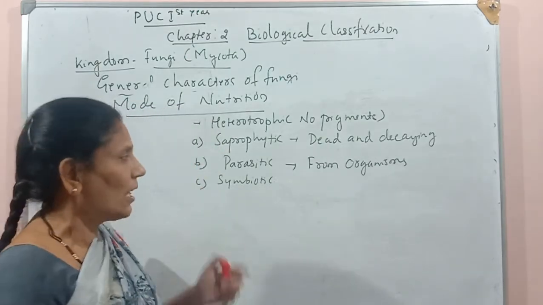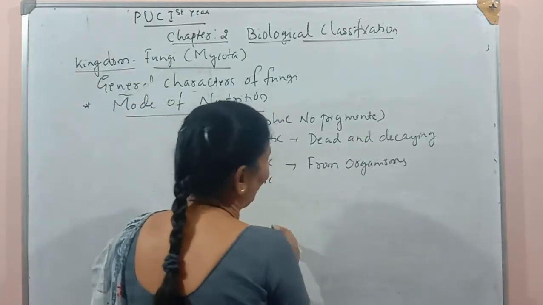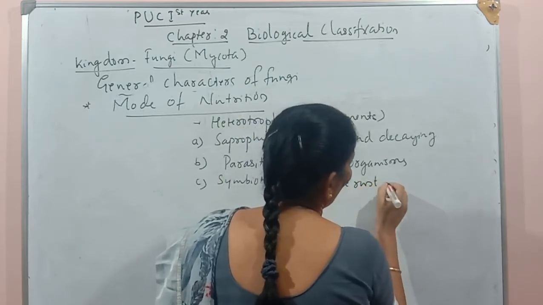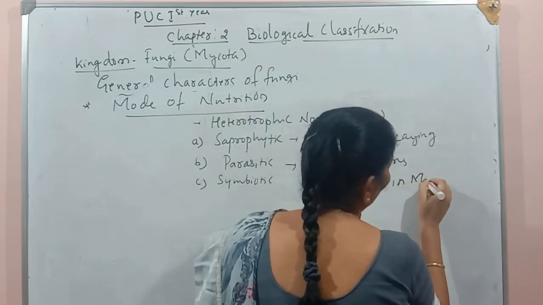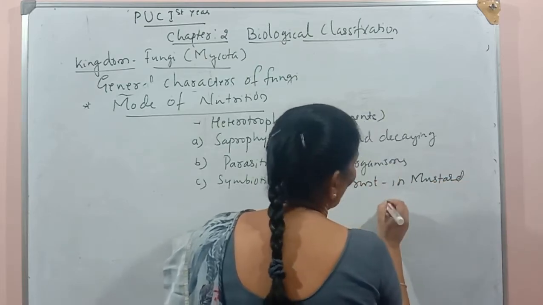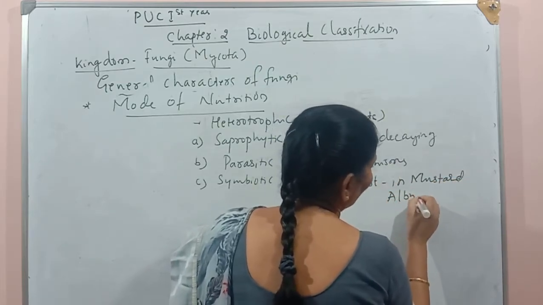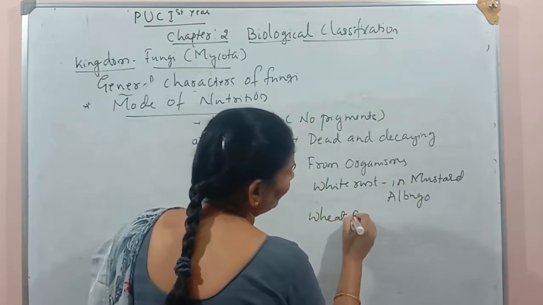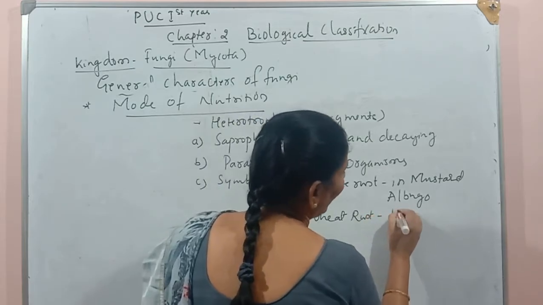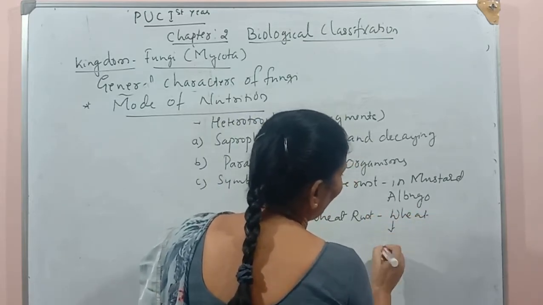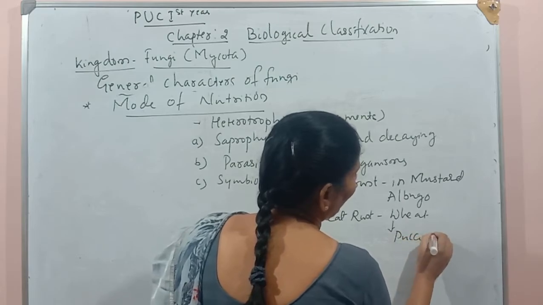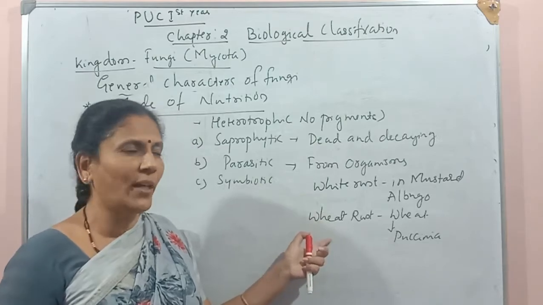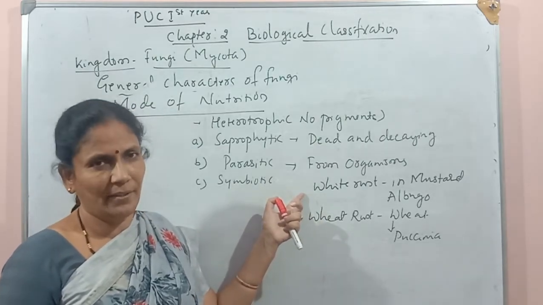Some examples of pathogenic fungi are white rust in mustard caused by the fungi Albugo. Another disease is wheat rust to the plant wheat, and it is caused by the fungi Puccinia. These are not only parasitic, they also cause disease to their host organisms.